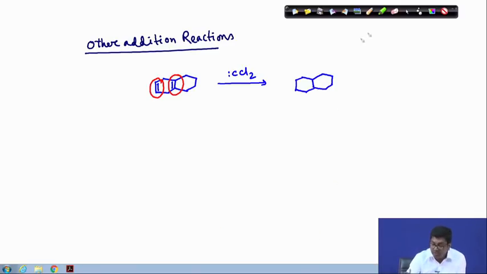So, it will react with the electron deficient carbene and first give this as the major product, and the minor product will be this.